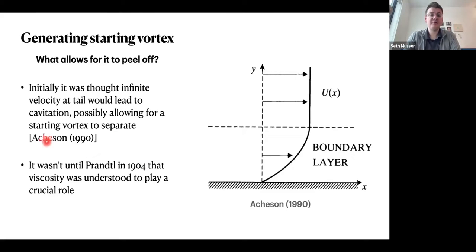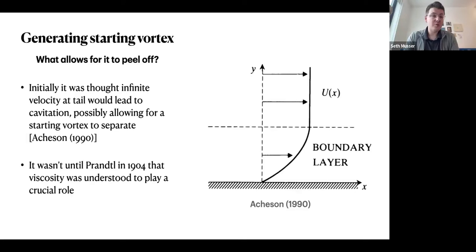So this type of mechanism doesn't have to be restricted to air or water, but could occur in a superfluid as well. However, in 1904, it was realized that this actually isn't what's happening. Instead, viscosity plays a crucial role. So in almost all of my discussion, I was assuming that our fluid was inviscid, no viscosity.